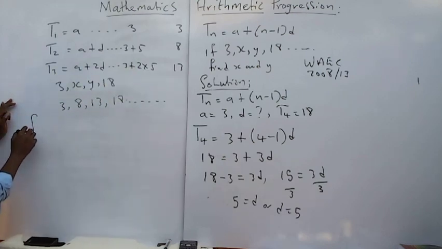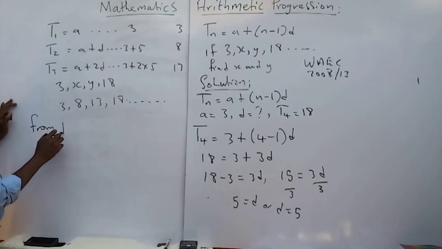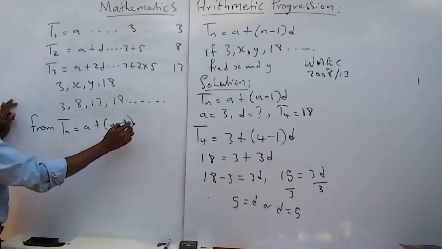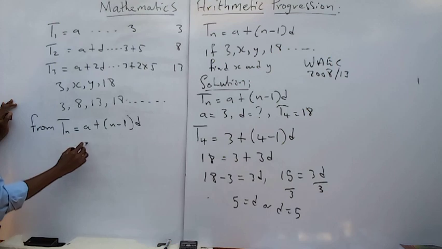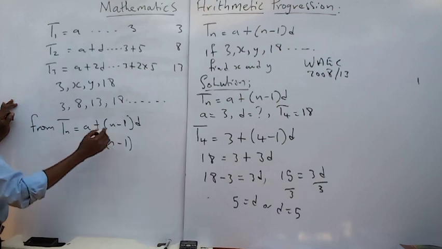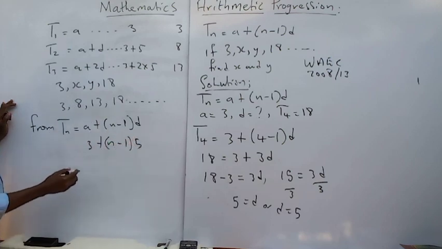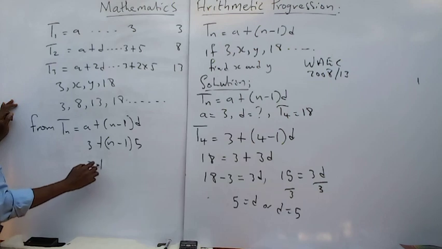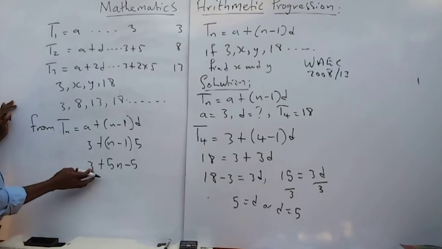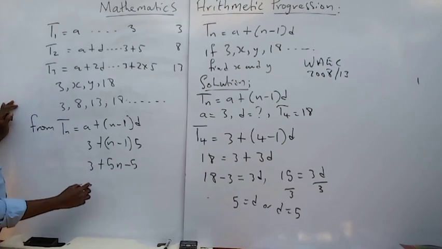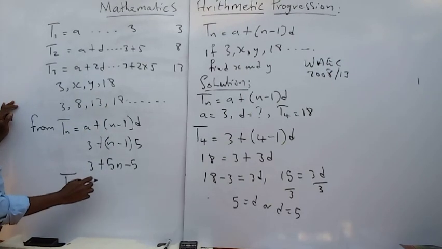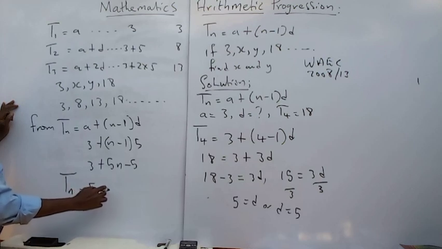From Tn equals a plus (n minus 1) d, a is 3, plus (n minus 1), and the common difference is 5. So I will have 3 plus 5n minus 5, because 3 minus 5 gives minus 2. So obviously, the rule that is generating this sequence is Tn equals 5n minus 2.